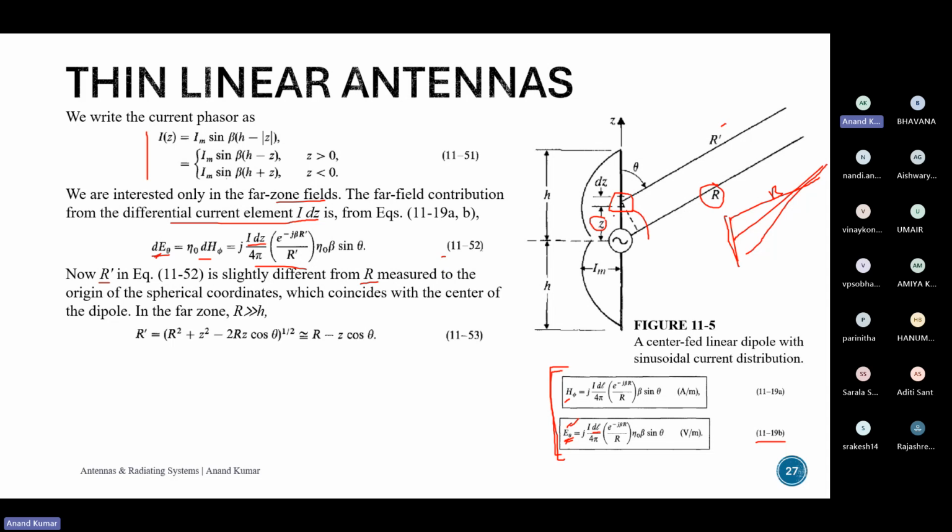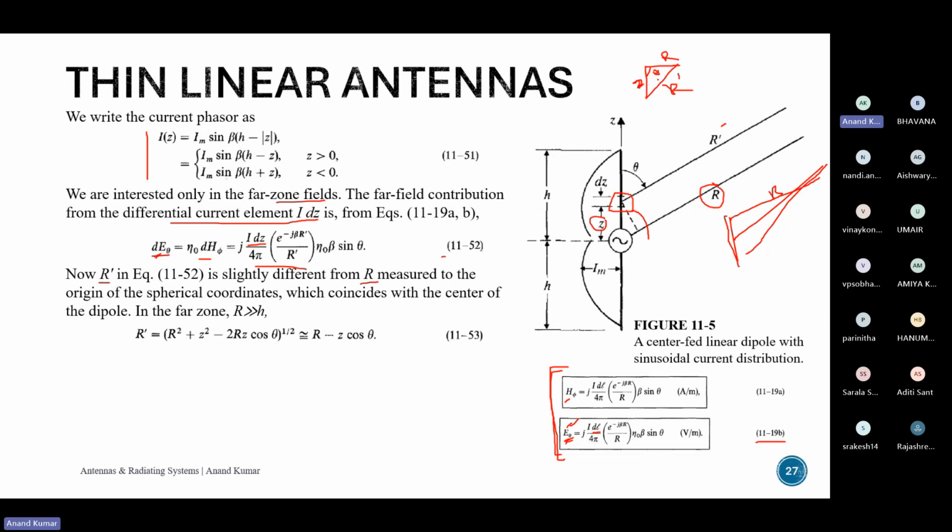So how we do that is, you will have to go back to high school geometry. For example, if this was a triangle, and this was the theta angle, this is z, one side is z, the other side is R, and the third side is R'.